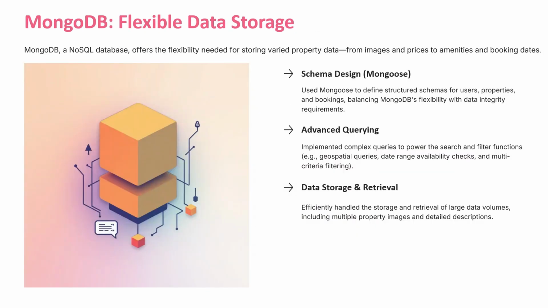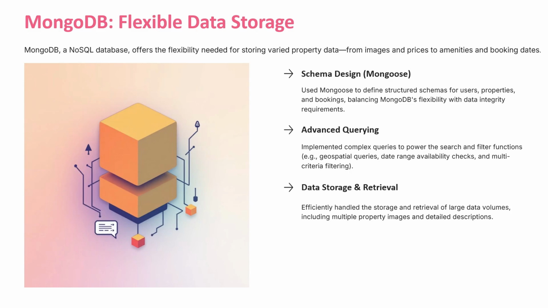Now coming to the database part, we use MongoDB, a non-relational database that offers flexible storage for varied property data, from images to prices and amenities, which I told you about, like Wi-Fi, washing machine, free parking, TV, AC, and the booking dates. Within MongoDB, with Mongoose, I designed schemas for users, properties and bookings to keep everything organized.